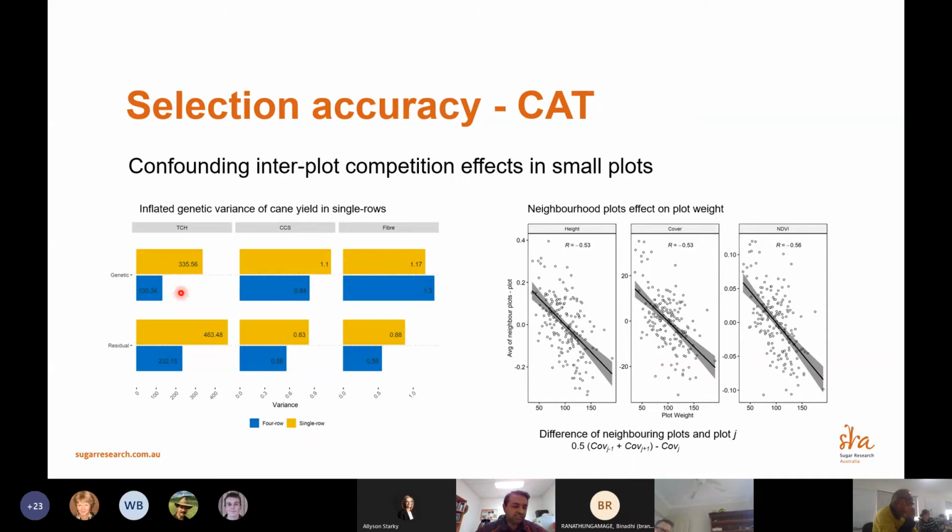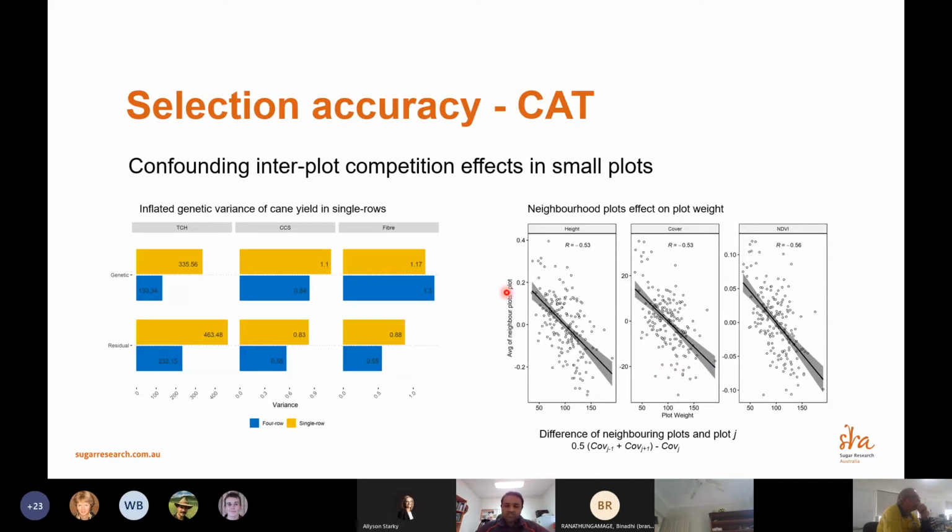And we can see that in single row plots, the genetic variance of TCH is quite inflated compared to the 4 row plots. This generally indicates that the crop has significant competition effect for TCH. In comparison, we can have a look at CCS or fiber, and we can see that the genetic variance is not that inflated under single row plots for CCS or fiber.